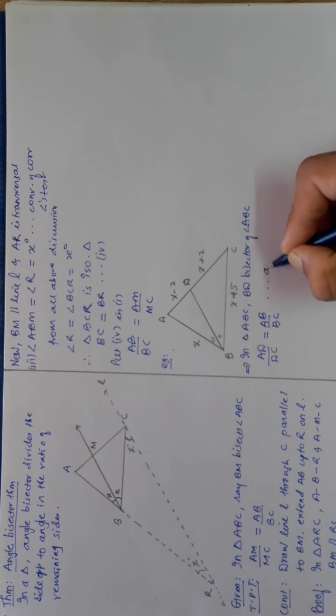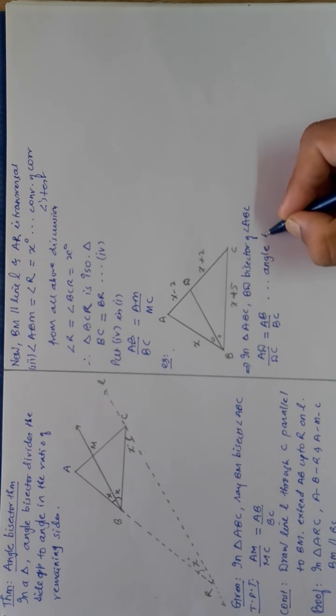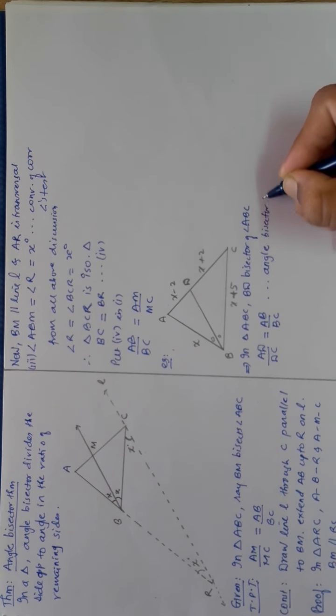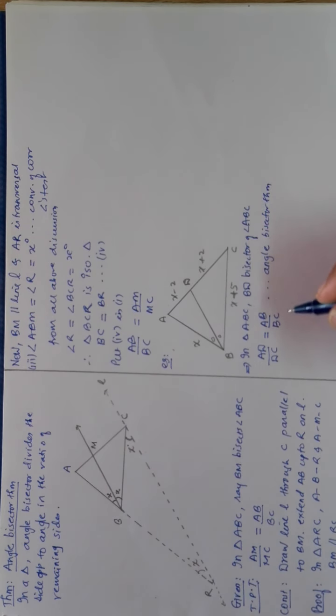This is the angle bisector theorem. Agreed? So your AD is x minus 2 and DC is x plus 2. AB is x and BC is x plus 5.